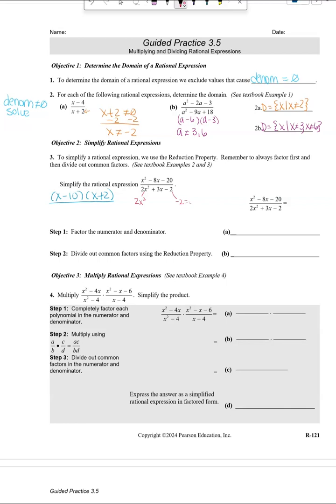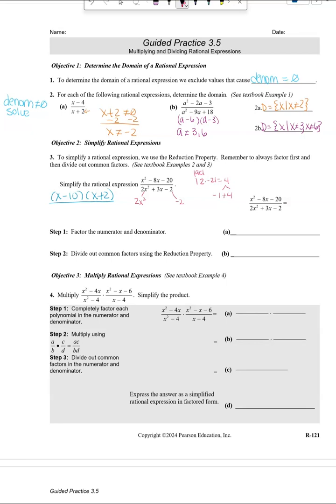So 2 times negative 2, we always put in an absolute value, gives us a positive 4. Factors of 4 that give us 3 are going to be 1 and 4. It's going to be different signs, so the larger one gets the plus and the smaller one gets the negative.